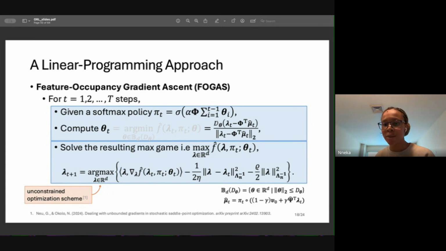But I think what Gergo pointed out at some point is that if you squint at this lambda update a bit, if you write it exactly as a max over this function plus the regularization term, and if you optimize this theta t exactly, then you would see that what lambda is trying to do is reduce what looks like a Bellman residual error.